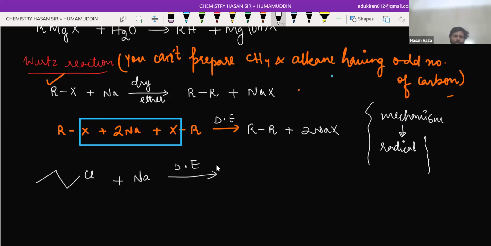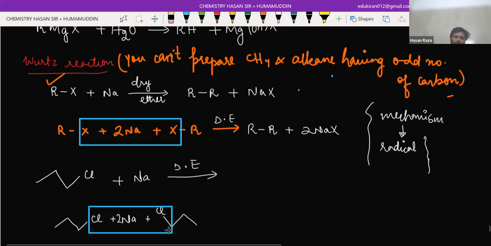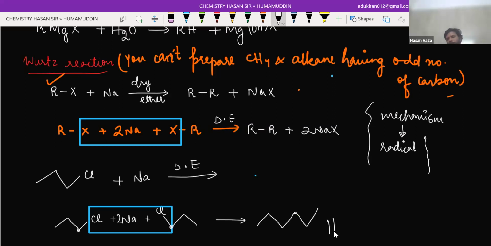Are you done with this? So this is also very easy. Chlorine, you can see 2Na, and another is chlorine here. What you need to do is just remove this and add this carbon directly to this carbon. So what you will get is 1, 2, 3, 4, 5, 6, hexane. Is that clear?